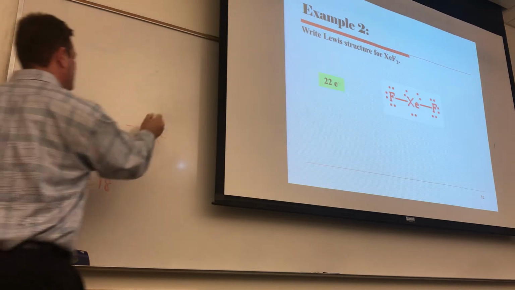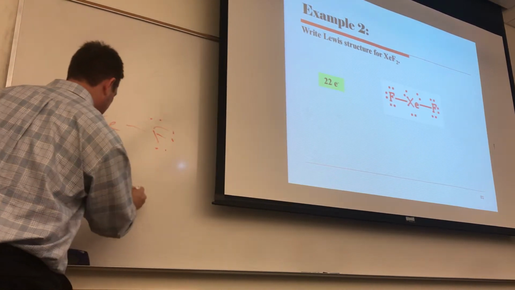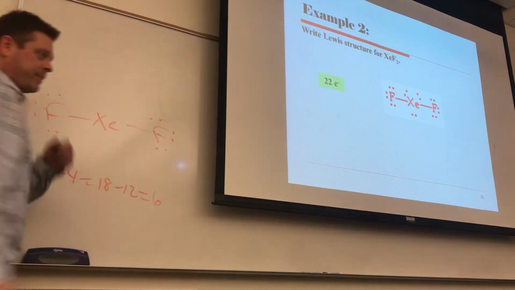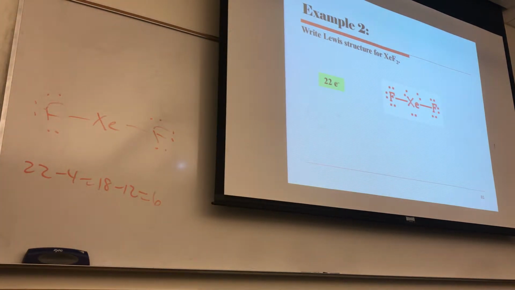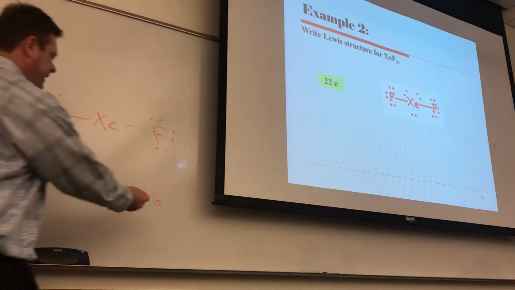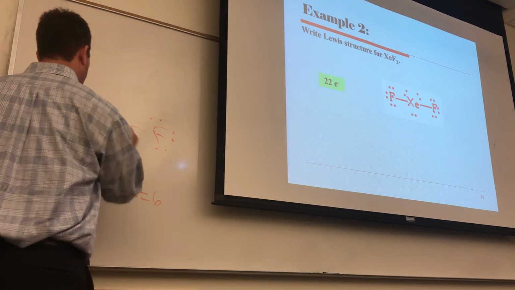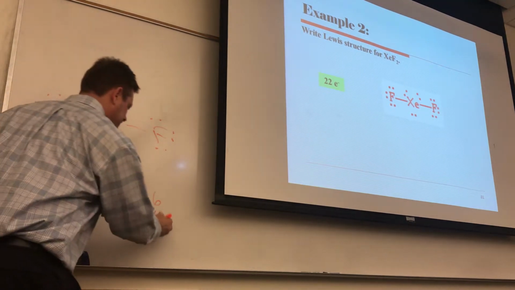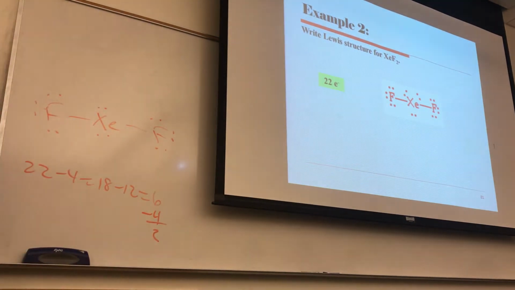Then 2, 4, 6, 8, 10, 12, minus 12. What do I have left? 6. In the past, sometimes you don't have enough to make the octet on the center atom. In this case, I have 6, so I go 2, minus 2, and I still have 2 left.